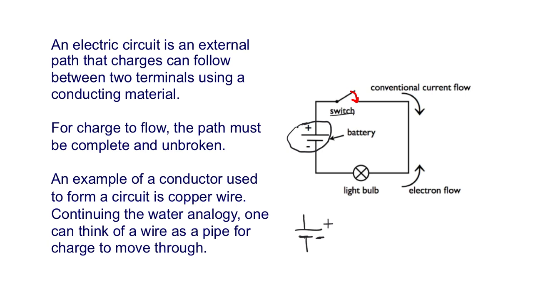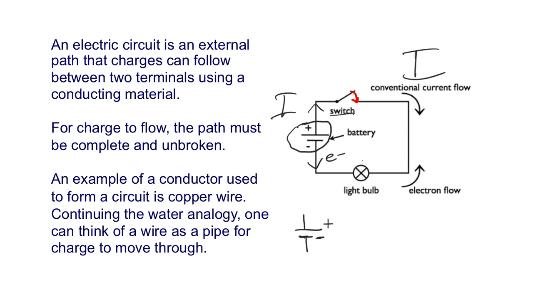So look, conventional current I shows it coming out of the plus. Well, it really doesn't do that. It's really electrons flowing the other way through the circuit.